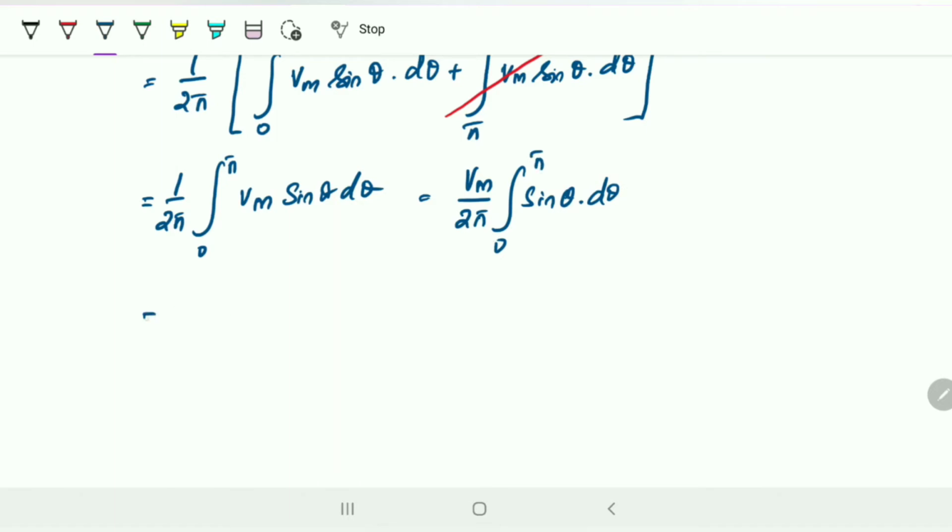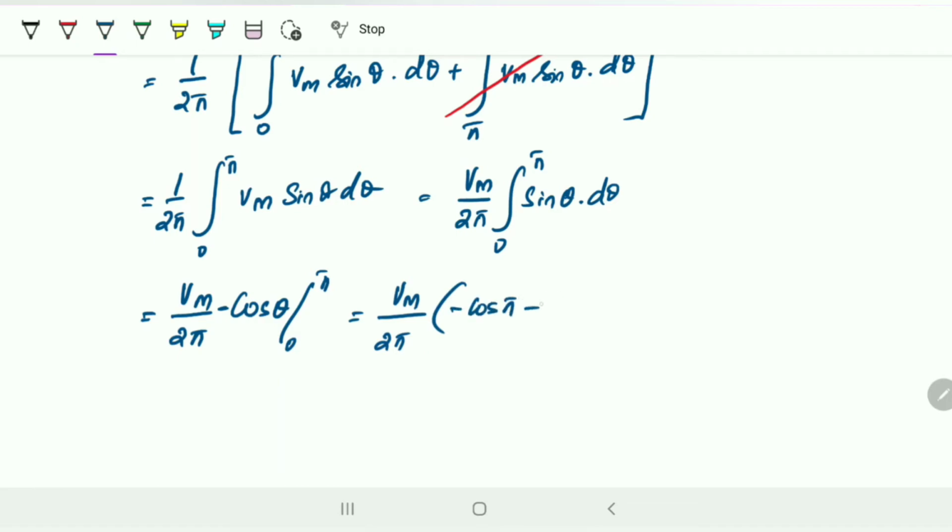What is the integrated value? The integral of sin theta is minus cos theta, with limits 0 to pi. So if I substitute, we have Vm by 2 pi, minus cos pi, minus of minus is plus cos 0.